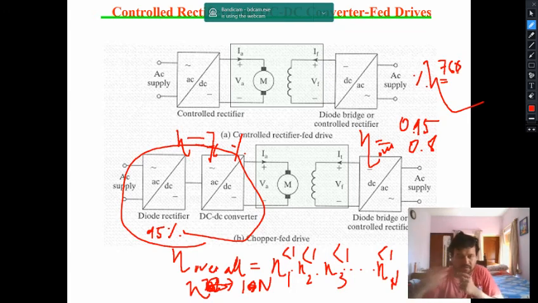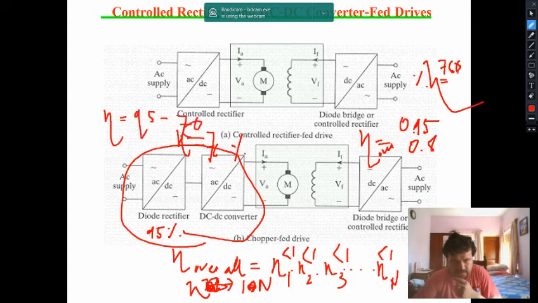Here, your efficiency falls by 95 minus 76. That is equal to how much? 19%. So which is not a matter of ignorance.